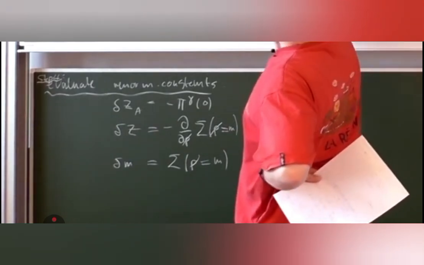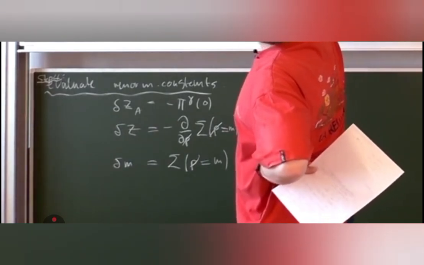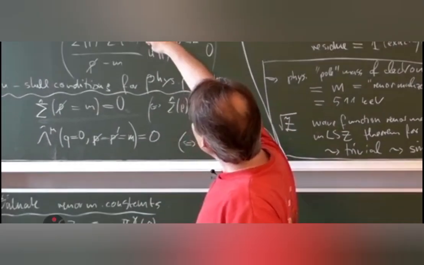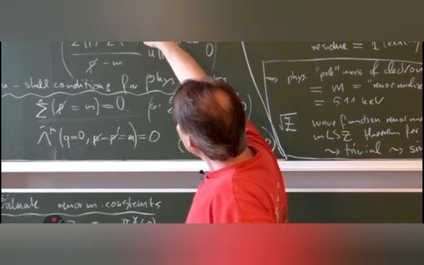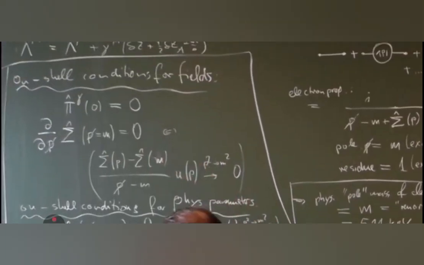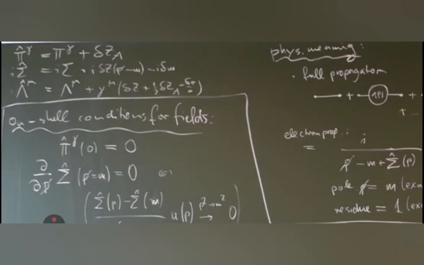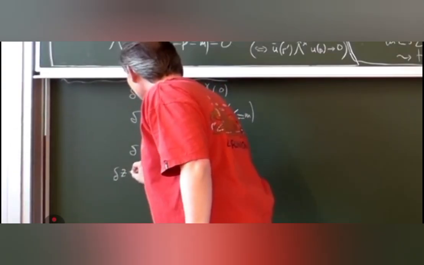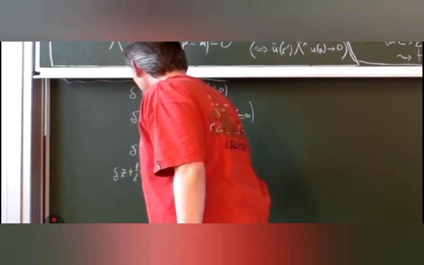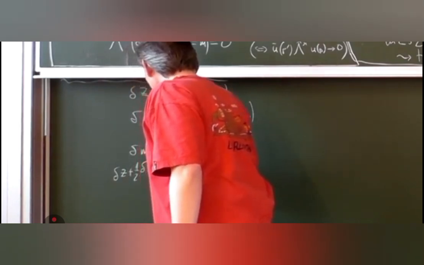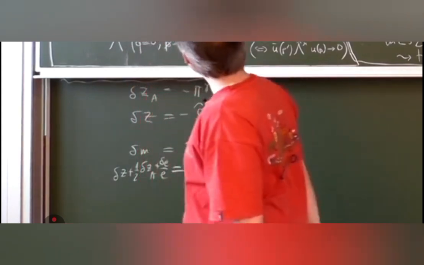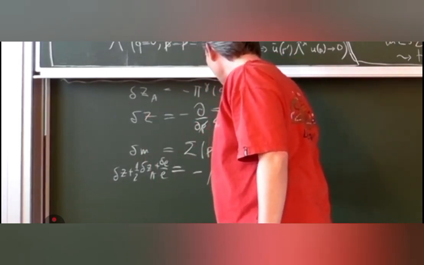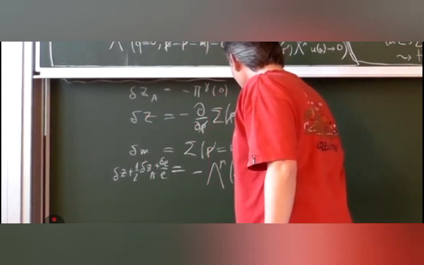Then the thing with lambda hat, that is obviously most complicated. And in case of lambda hat, we can say that the sum at the top should be 0, and therefore we obtain this combination delta z plus 1/2 delta ZA plus delta e over e must be equal to minus lambda mu without hat at on-shell momenta.